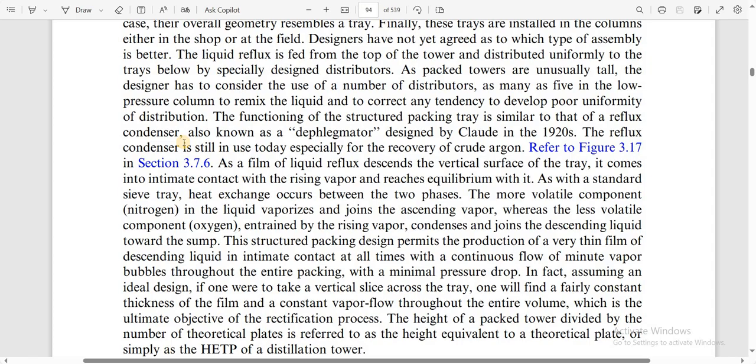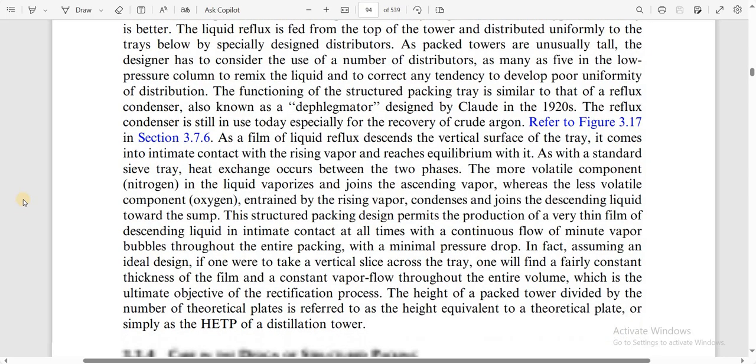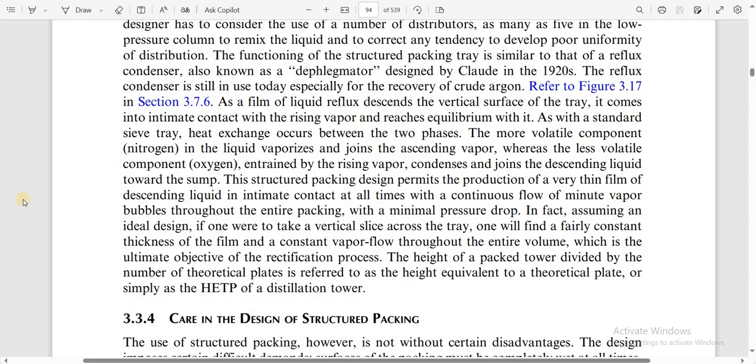The functioning of the structured packing tray is similar to that of a reflux condenser, also known as a dephlegmator, designed by Claude in 1920. The reflux condenser is still in use today, especially in the recovery of crude argon.